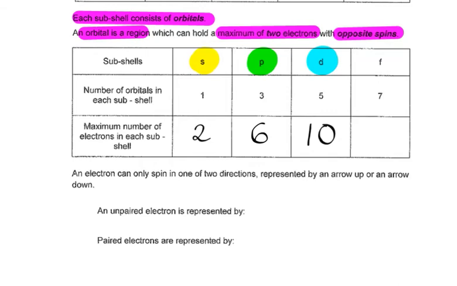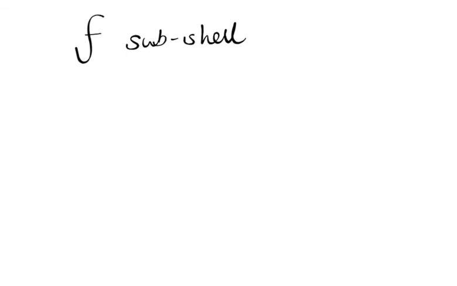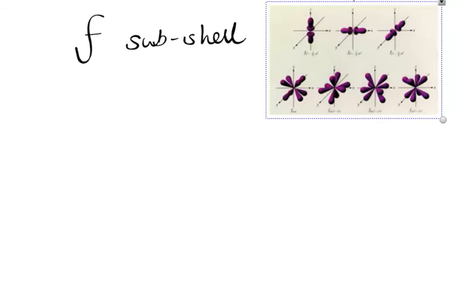And finally, F. Not often at A level will we enter into the F subshell. We can see there it's made of 7 orbitals. Let's have a look at some F orbitals, 7 of them, aren't they pretty? Each holding a maximum of 2.